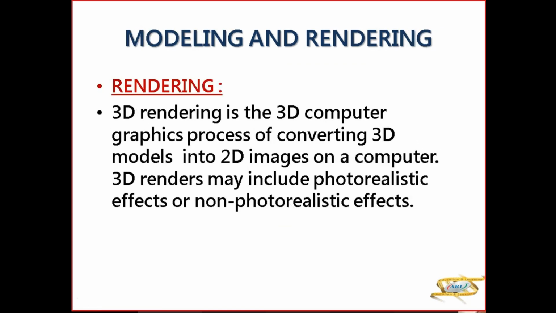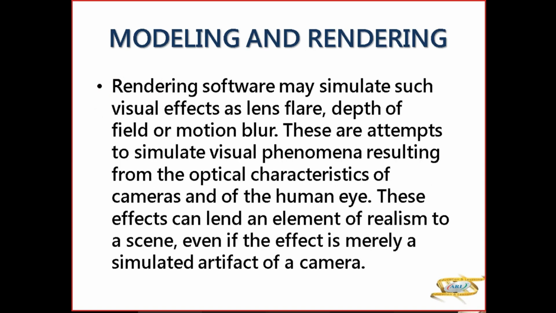Now 3D rendering is a 3D computer graphics process to convert your 3D model into 2D images on computer. So you have a photorealistic effect or non-photorealistic effect in this rendering. So your simulation can be done of visual effects like lens flare, depth of object, motion blur, and these attempts to simulate visual phenomenon result from an optical characteristics of camera and human eye.